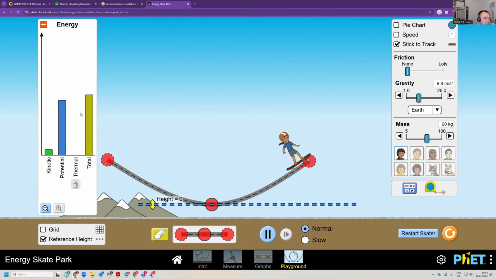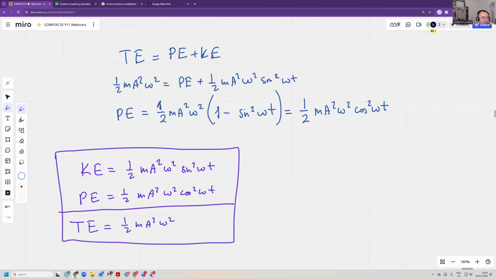Yeah, so we need to adjust the reference height. So you can see that kinetic goes to 0, maximum, maximum, 0, maximum, 0, etc. Okay, so this is the idea about energy, and it has a beautiful result.